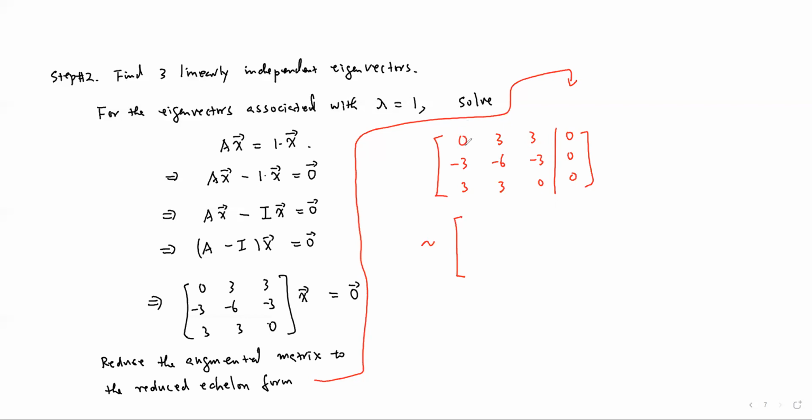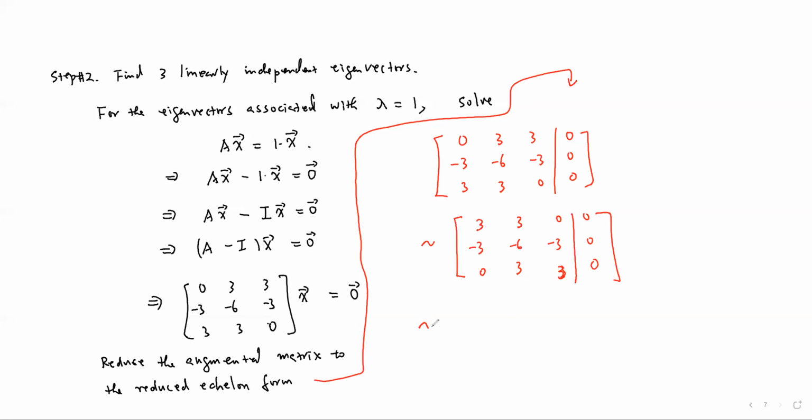Because I cannot use 0 as a pivot number to create zeros below, let me switch. I put the third row in the first row, and the first row in the third row. Switch the first row and the third row.